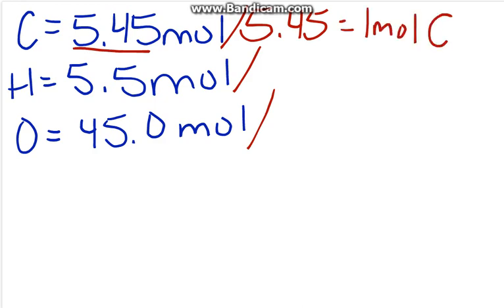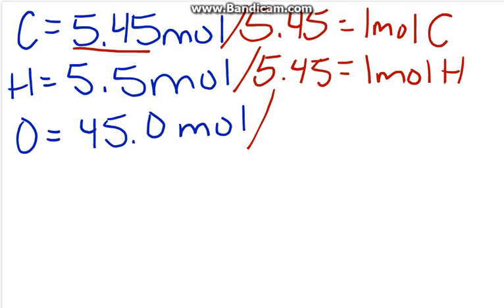So we have 1 mole of carbon. Remember, you want it to be rounded to either the nearest whole number or the nearest whole 0.5 number. So whenever we divide our hydrogen, we get pretty close to 1 mole. Okay? And then we have to do the same thing to oxygen. And whenever we do that, we get 8.2, which would round to 8.